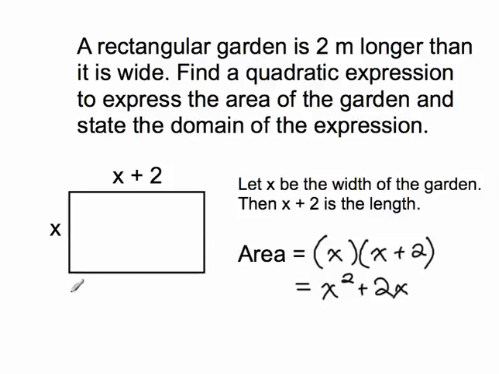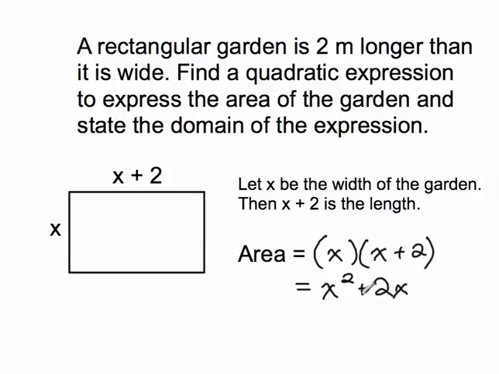In the question, it doesn't make sense to have a width that is 0 or negative. You can't have a negative width in this question, and it wouldn't make sense to have a 0 in either, because then you wouldn't have any area to the garden. So although if this was just stated as f of x is equal to x squared plus 2x, and there were no question behind it to give us context, x could take any value.